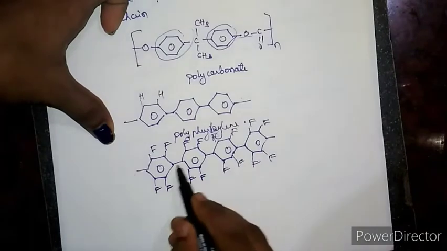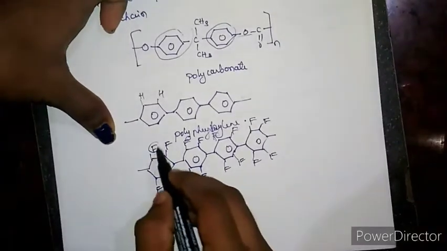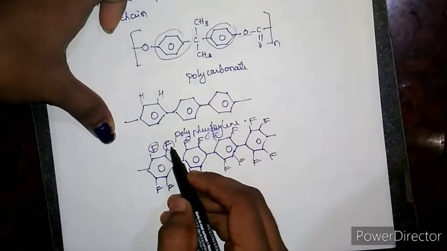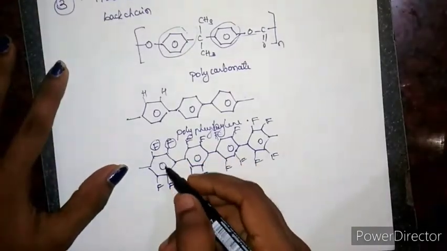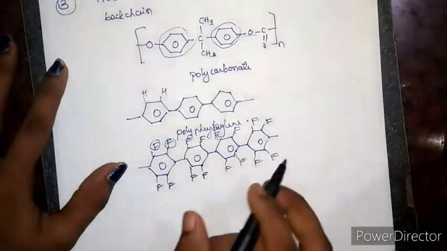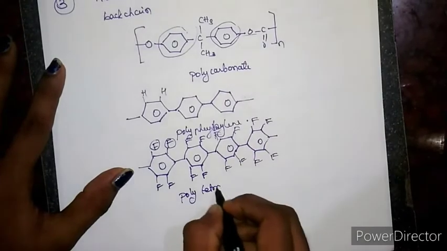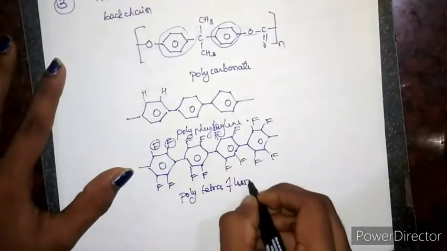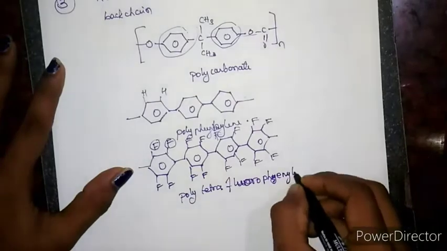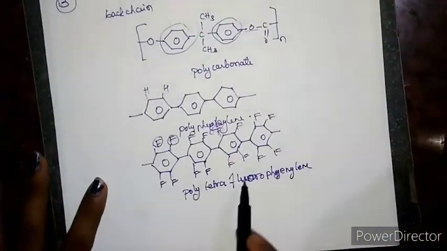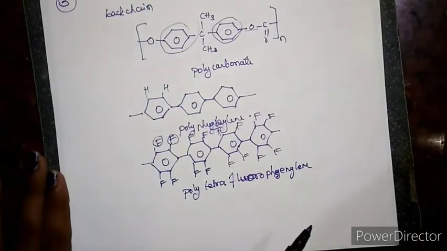One reason is that the polymer backbone consists of aromatic rings only. Then also it has the fluorine atom, right? The fluorine atom is electronegative. I told you earlier, if there is an electronegative atom, then the thermal stability will be greater. So this type of polymer will have greater thermal stability. What's the name of this polymer? It is polytetrafluorophenylene. This is the most stable when you compare these. This is point number 3.